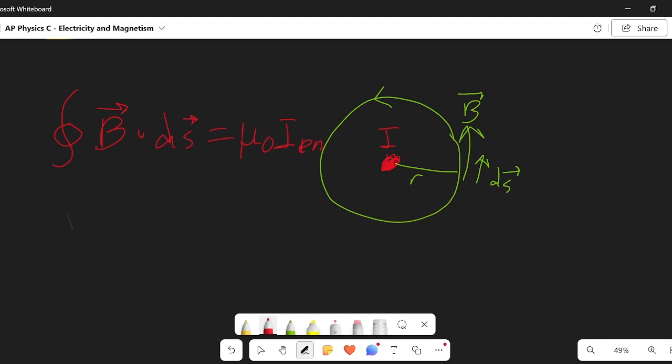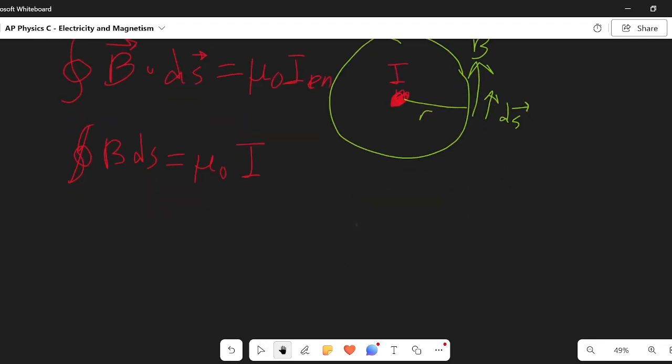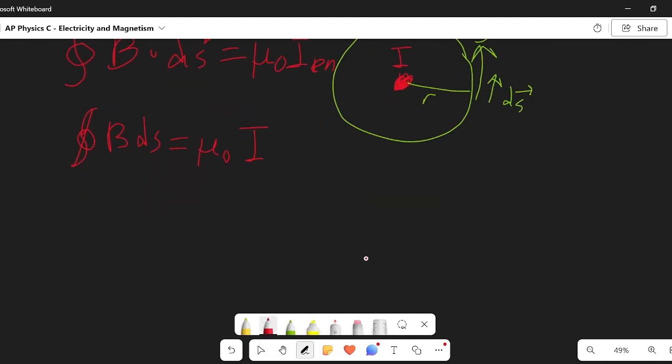it's a horrible integral, ignore that. B ds cosine theta is just 1 in this case, equals mu naught times the current enclosed, which in this case is just I. Now the magnetic field is constant, or at least the magnitude of it is constant, so we take it out.